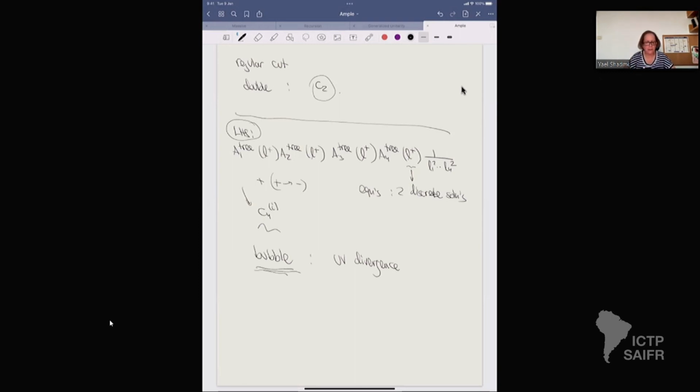They only contribute to double cuts, but in order to extract these coefficients, we need to know the contributions of the boxes and triangles, which also contribute to the double cuts. But at the end of the day, if all we care about is the running, then the bubbles are the things that we care about the most.